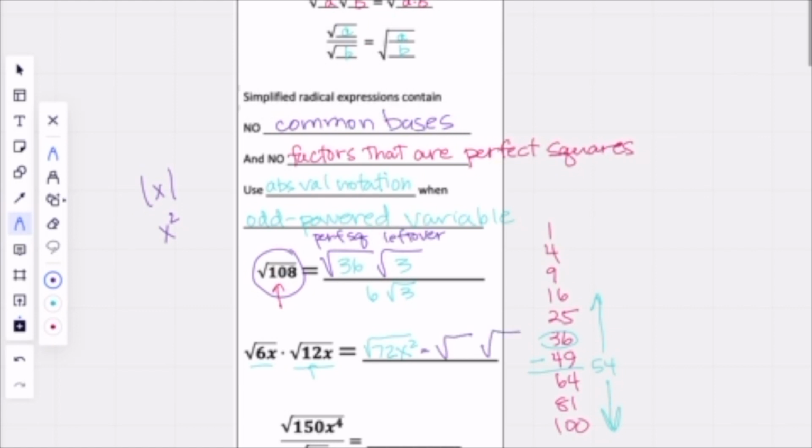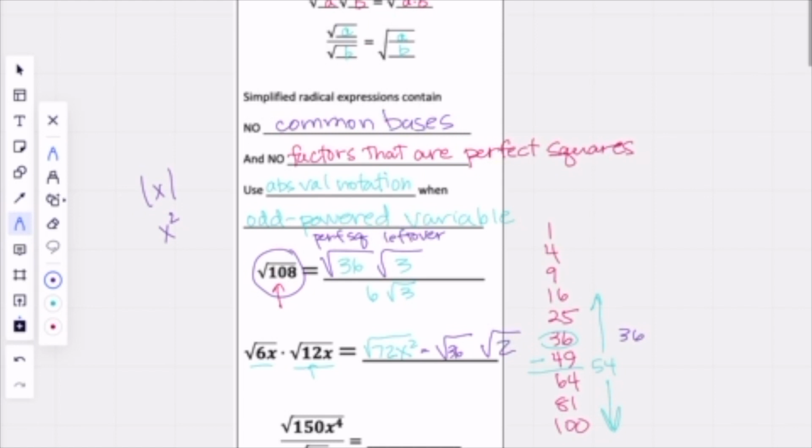Now let's think about two radicals. What is the largest perfect square factor of 72? Using that rule, take half of 72, and what do you get? You get 36. That's on our list. So 36 times 2, and then think about x squared.